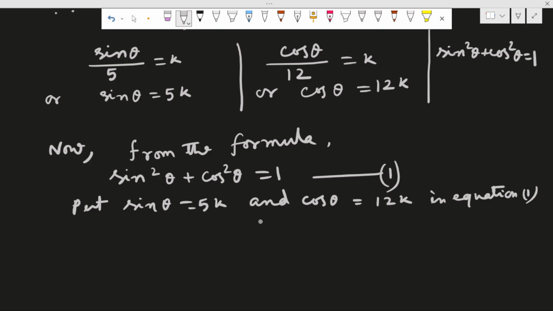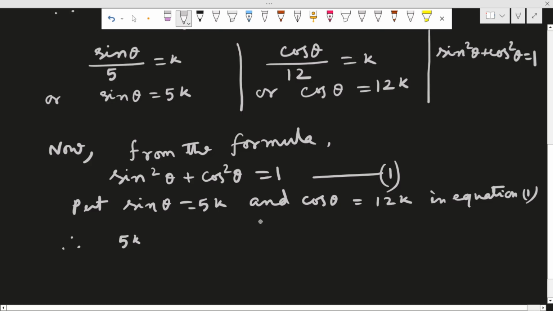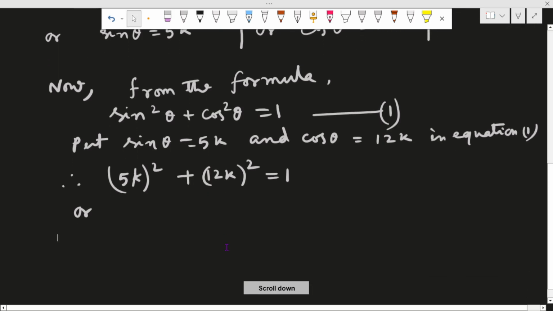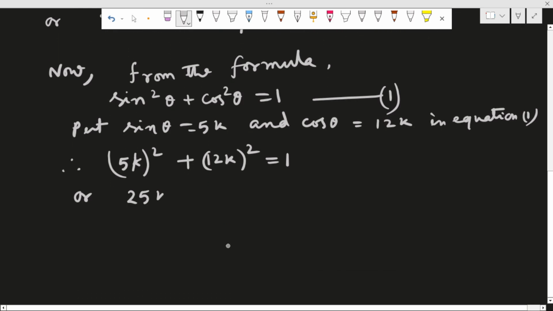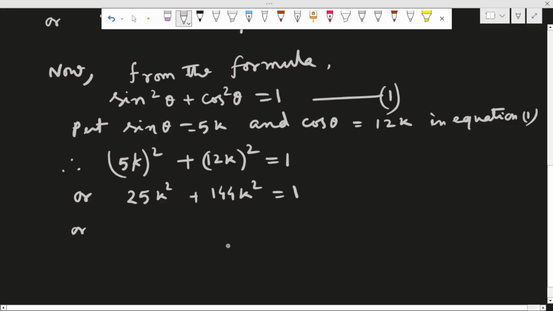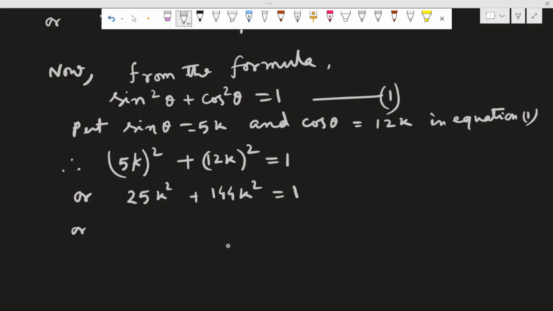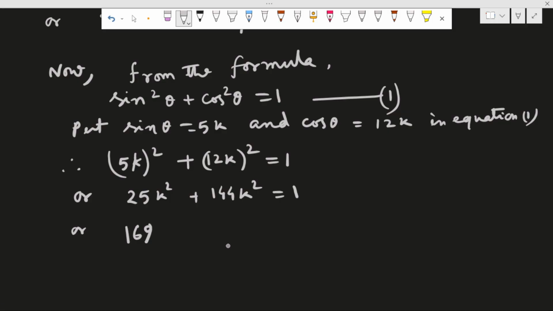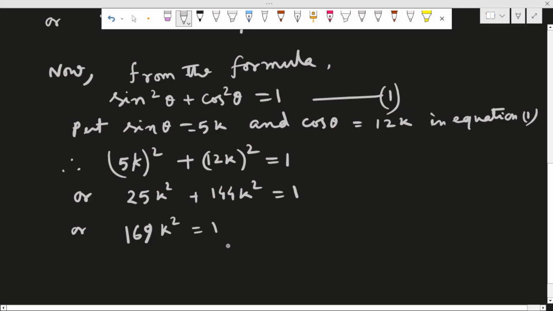So (5k) square plus (12k) square is equal to 1, or 25k square plus 144k square is equal to 1, or 169k square is equal to 1.